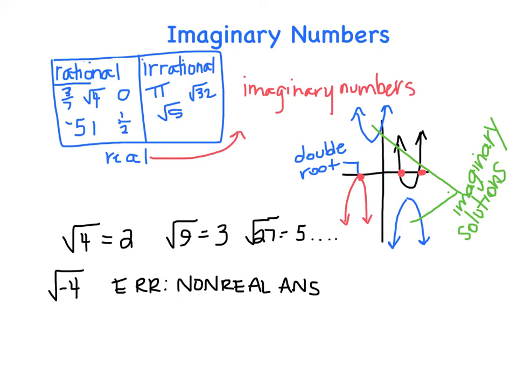So here's how imaginaries work. See that little negative in here? It just comes outside and becomes an i for imaginary. And if you look above the decimal point on your calculator, so if you look second decimal, you're going to see a little teeny i. That's our imaginary numbers. So what happens to the square root of 4? Well, the square root of 4 is still 2, so it becomes 2i.